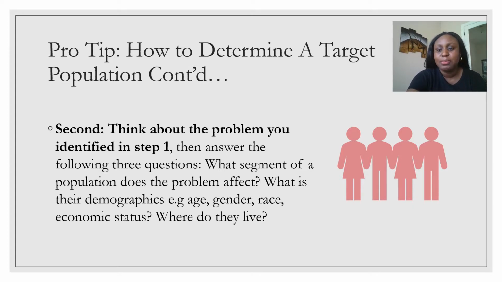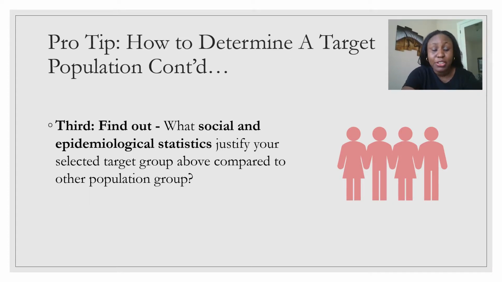Okay, awesome. Now, after you have figured out the answers to those questions, your next step is to find out what social and epidemiological statistics justify your selected target group. So for example, you want to focus on women.